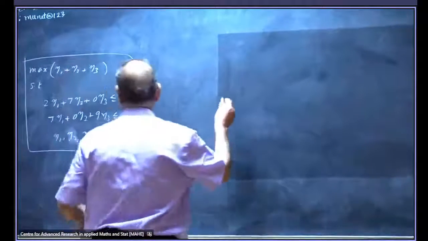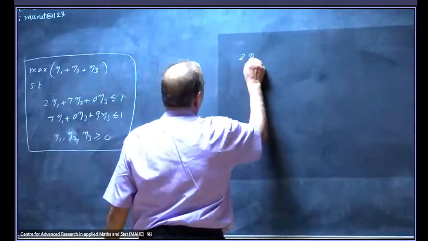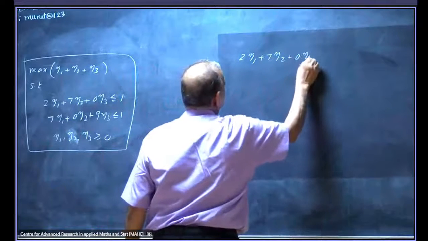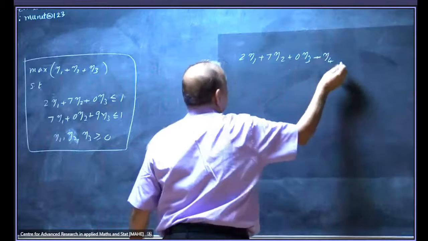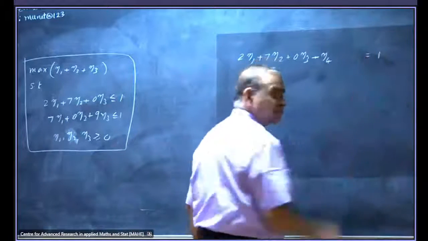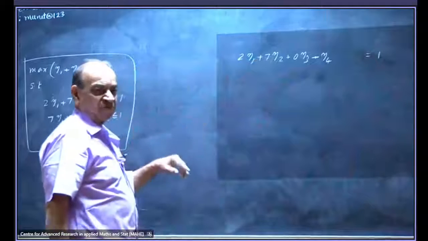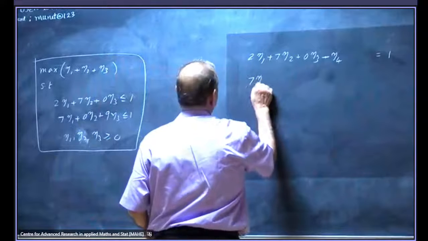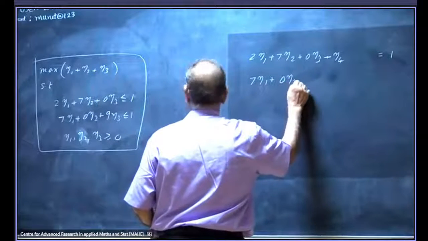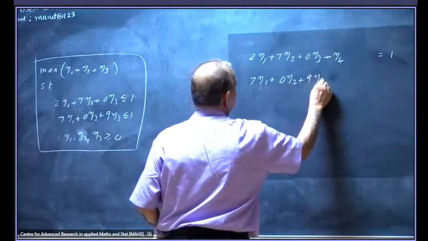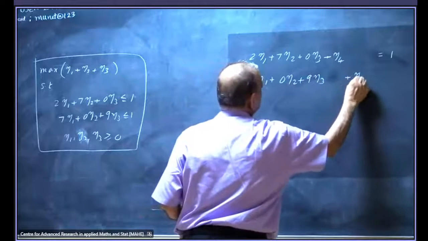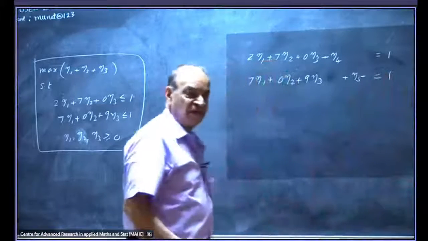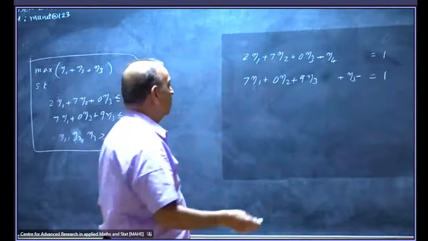So I am going to write this as 2 eta 1 plus 7 eta 2 plus 0 eta 3 plus eta 4 equals 1. The gap is eta 4. The second one is 7 eta 1 plus 0 eta 2 plus 9 eta 3 plus the gap is some other variable eta 5 equals 1. Are you ready?